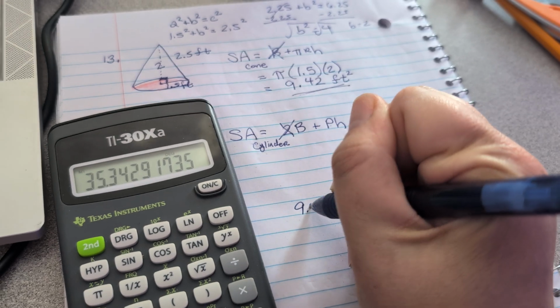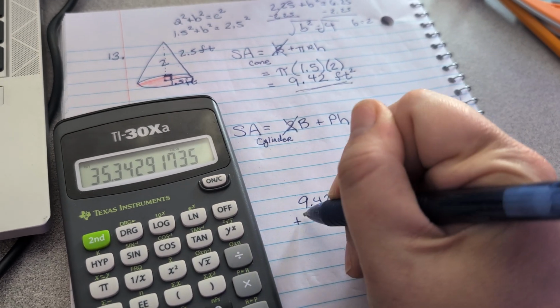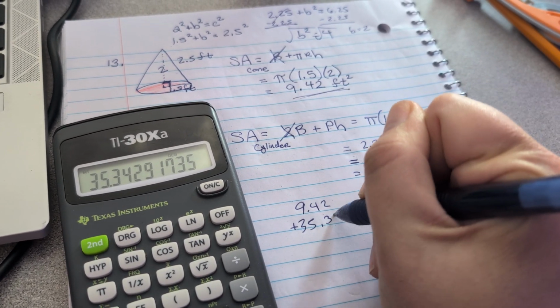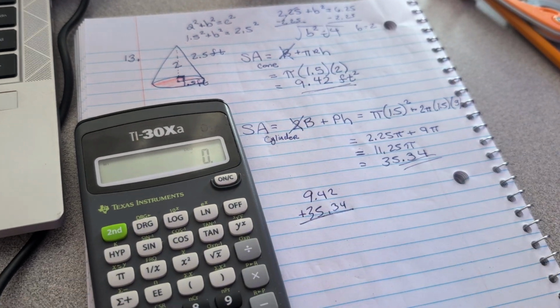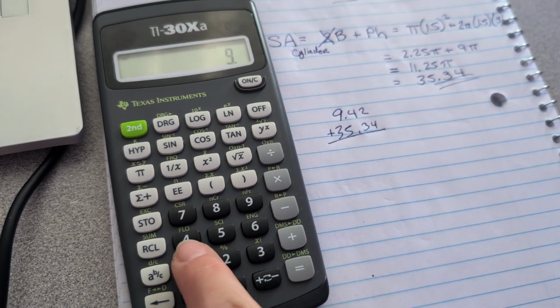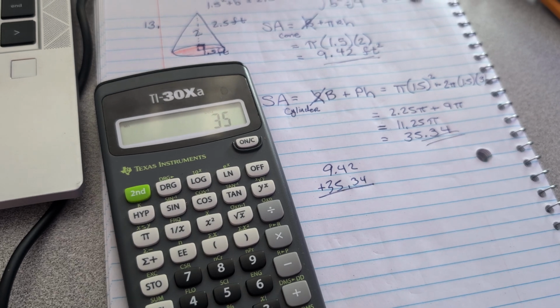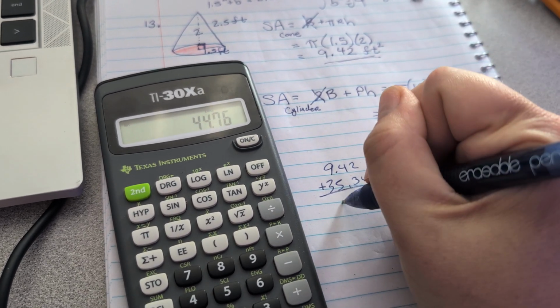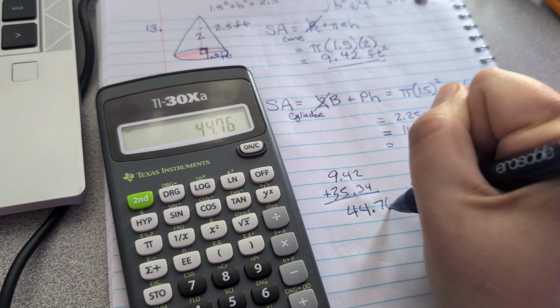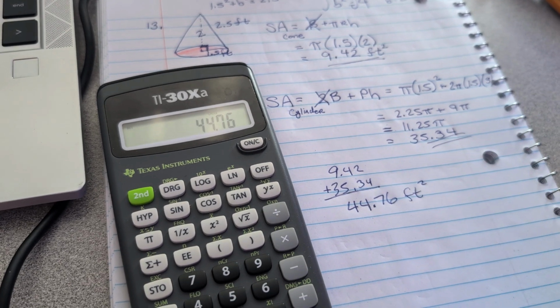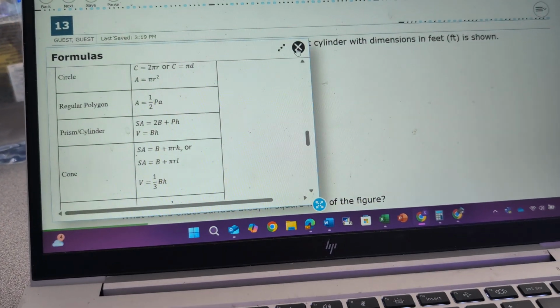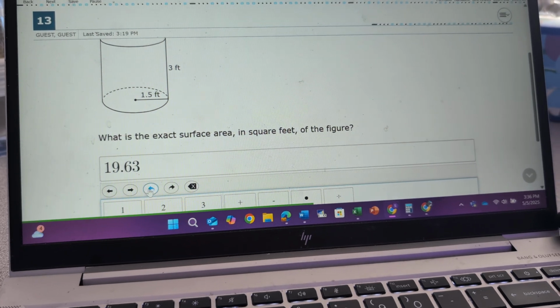9.42 plus 35.34. I'll use the calculator. It drives me crazy to use a calculator, but we'll do it. 35.34, and I get 44.76. That's still in square feet. Okay, going over to our answers.